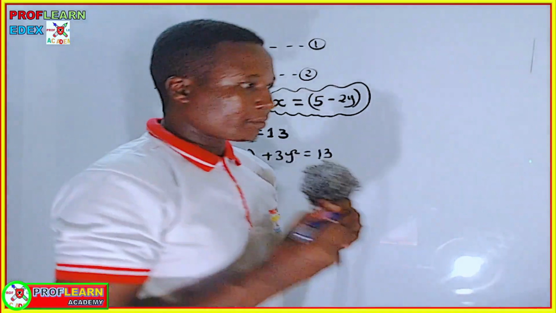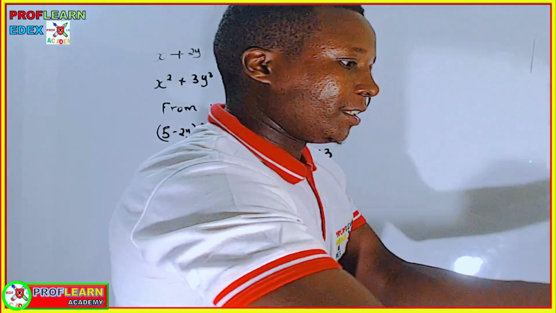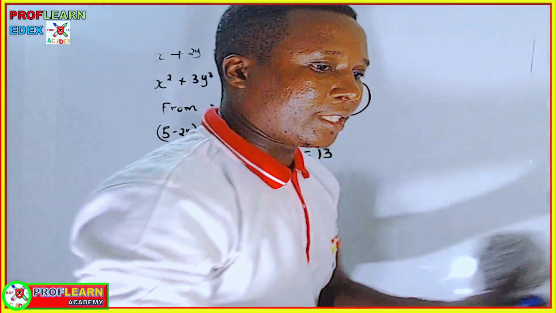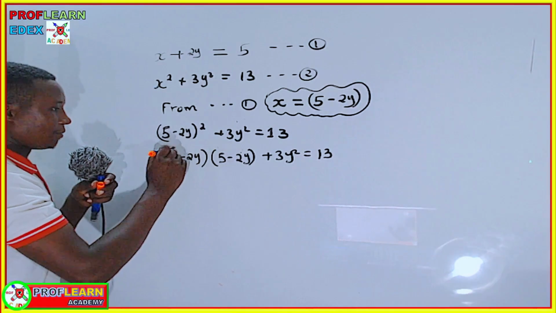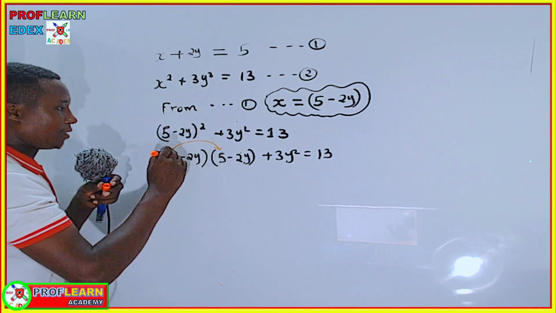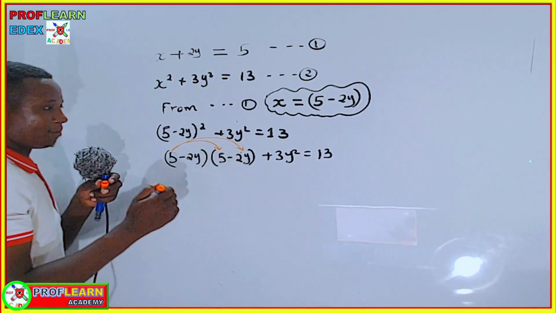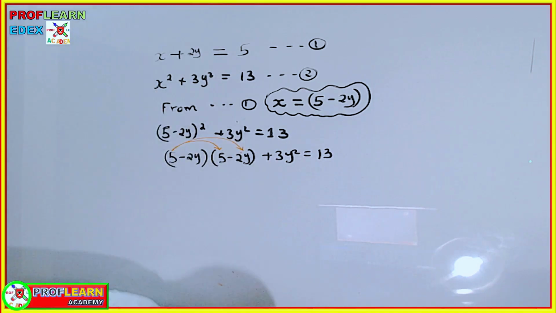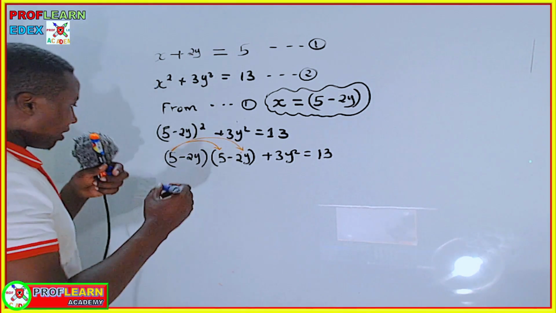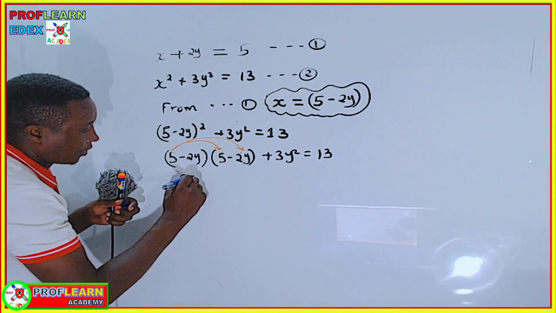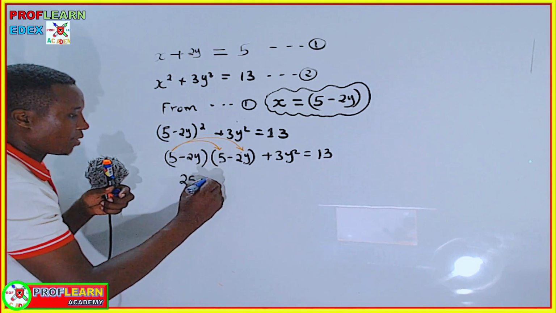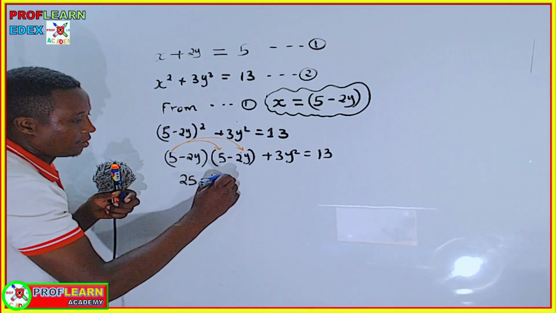To expand, we multiply each term by each term. 5 times 5 is 25. 5 times negative 2y is negative 10y.